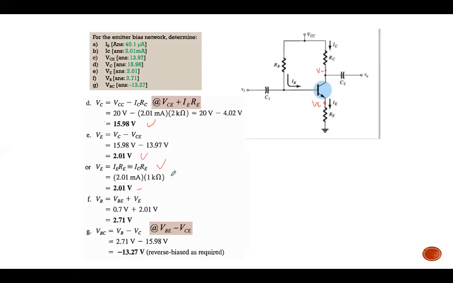So you will get 2.01 volt. For VB, from this point to ground, VB equals VBE plus VE, which is 2.71 volt. Lastly VBC: VBC equals VB minus VC, or you can use VBE minus VCE.